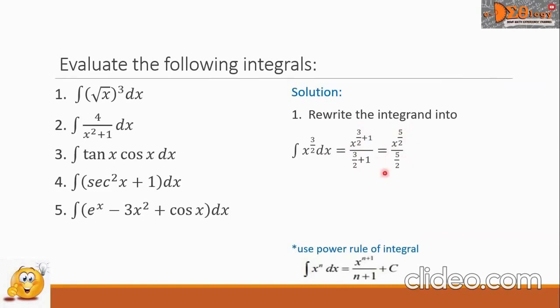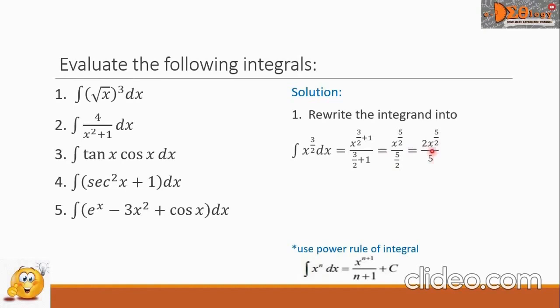Simplifying this complex fraction, we can flip our denominator fraction into 2 over 5. So the 2 becomes the coefficient of the numerator. So we have 2x raised to 5 over 2 all over 5.